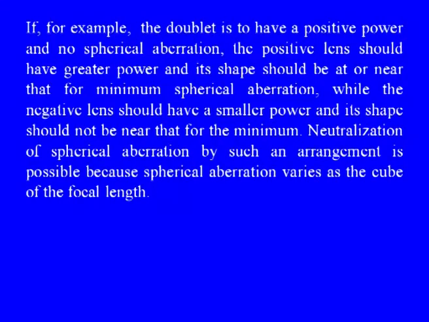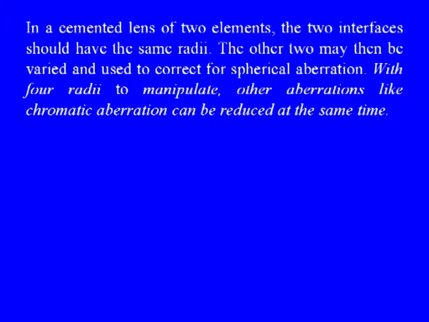Neutralization of spherical aberration by such an arrangement is possible because the spherical aberration varies roughly as the cube of the focal length. In a cemented lens of two elements, the two interfaces should naturally have the same radii. The other two may then be varied and used to correct for spherical aberration.